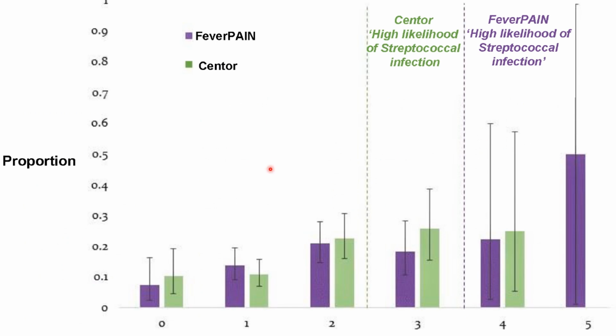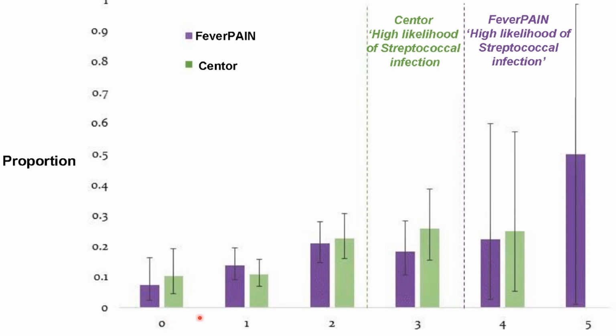This is a graphic comparison between FeverPAIN and Centor score for the same group of patients. You could see a group 5 score for the FeverPAIN. This is unique because there is no group 5 for the Centor score. This is the highest possible probability of identifying the beta hemolytic strep. Otherwise, the comparisons show that they are fairly similar.